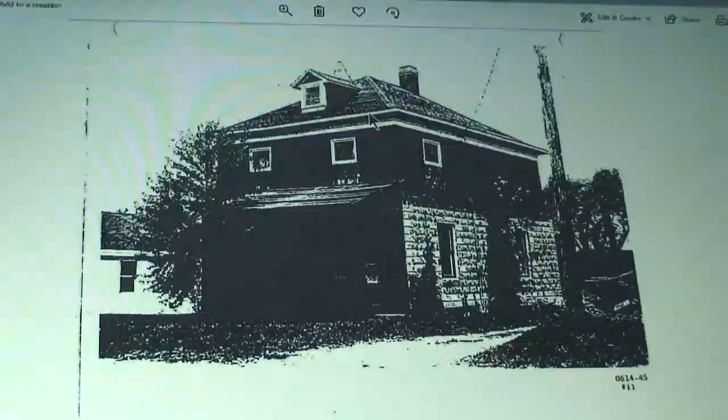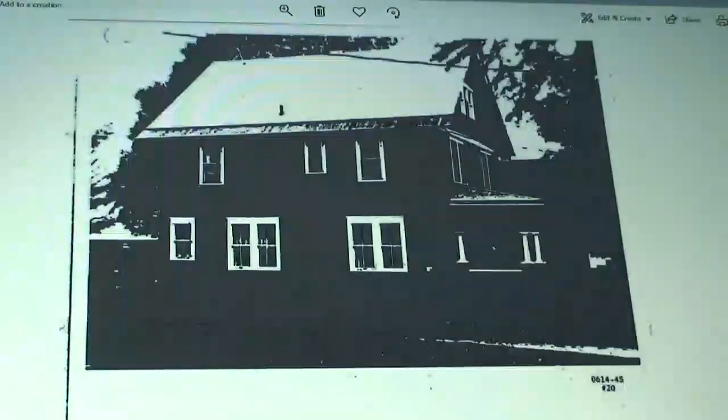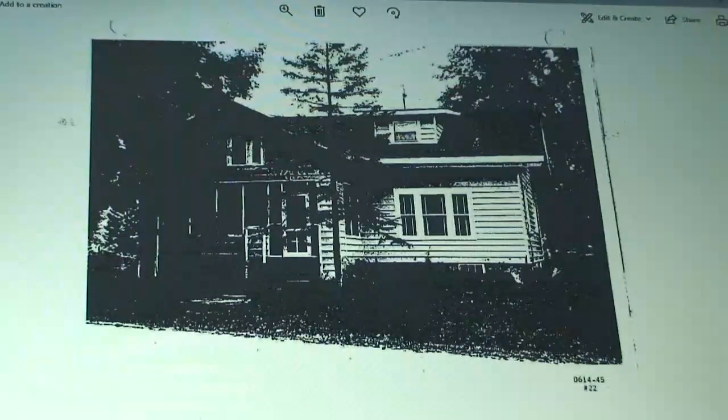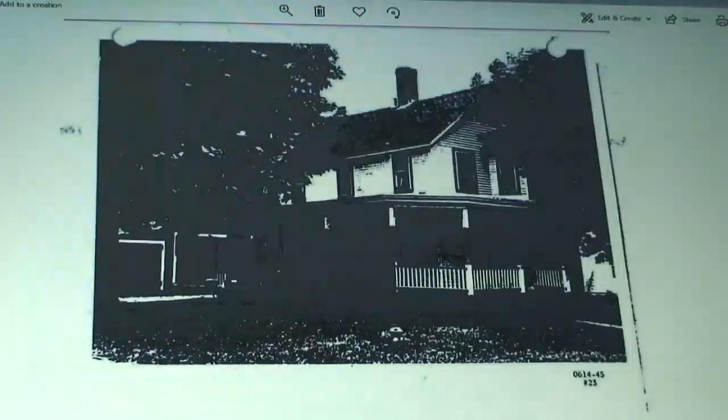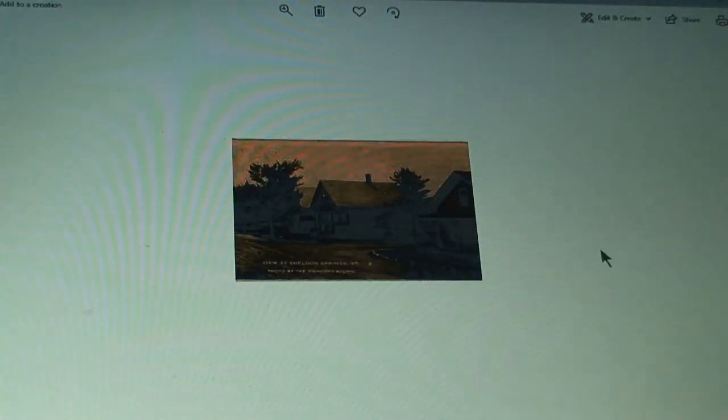Someone bought this and determined after purchasing it that it could not be restored, and so in 2017 it was taken down. This particular house continues to exist, as do most of these houses on both the right and the left-hand side of Mill Street as you work your way towards Route 105.